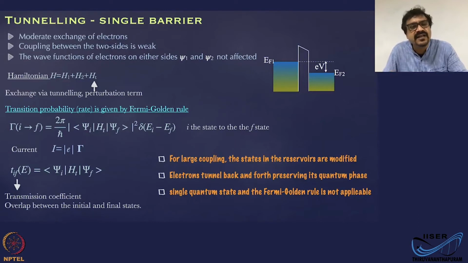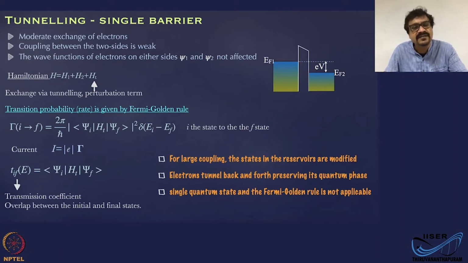So when we say tunnel barrier here, the assumption is there is a moderate exchange of electrons happening. The coupling between the two sides, if this is a tunnel barrier, the source side and drain side, the coupling between these two sides is relatively weak.